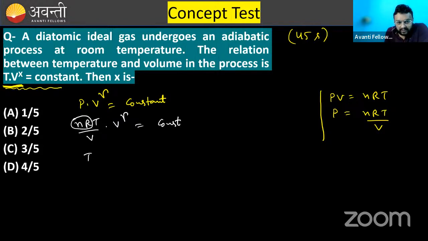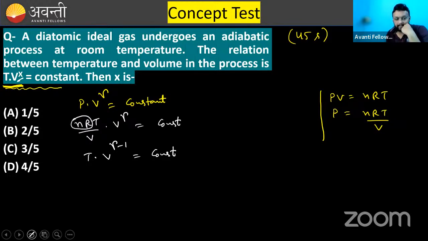So it will become T into V raised to the power gamma minus 1 is equal to constant. Clear? That means in the equation, the term X is nothing but gamma minus 1. So you can see that X is equal to gamma minus 1.